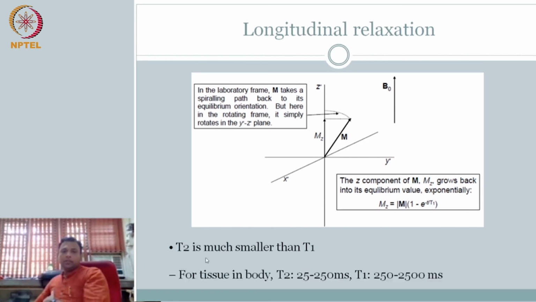So for all practical purposes, T2 is much smaller than T1. For tissues, typically these are the ranges. Tissue as in body tissues, right? T2 is in the order of tens of milliseconds to even some hundred, but T1 is hundreds of milliseconds. Okay, T2 star is much lower than T2. Okay, let's stop here.